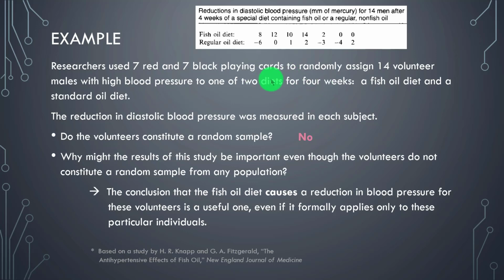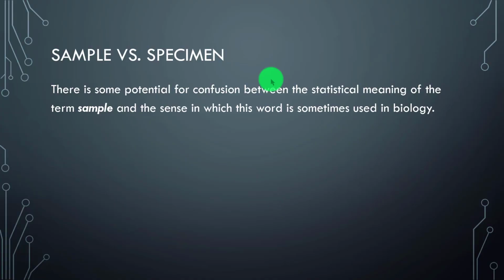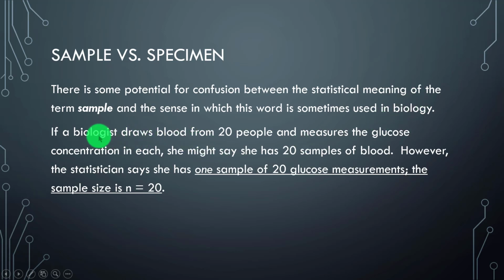Cool. I have one more point to make, and this is regarding terminology, the terms sample versus specimen. The word sample is used a lot in our statistics course, but it usually means something different in other disciplines, such as biology.